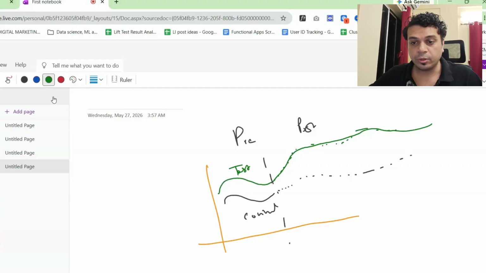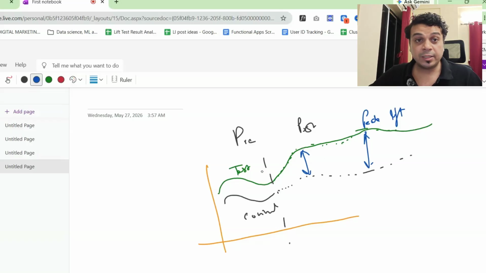In fact, let's not do it dotted, let's do a solid one, because that's our convention. Dotted lines are usually for the counterfactuals only. So now in this case, of course, this will be your lift, and you will have a peak lift here, which is the maximum amount of lift that you have.